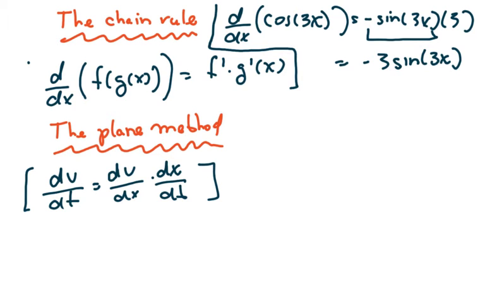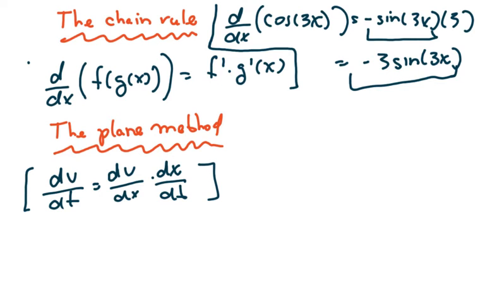So that's how the chain rule works, and hopefully you are not too rusty with concepts that we covered back in Calculus 1. But the important part here, the brand new idea, what we want to focus on, is the plane method.